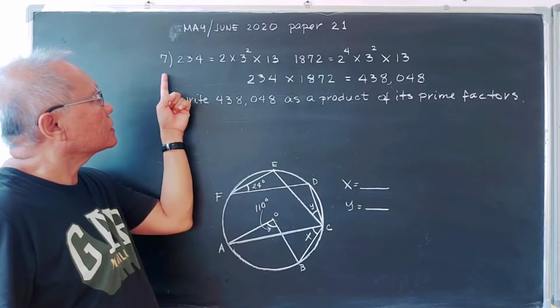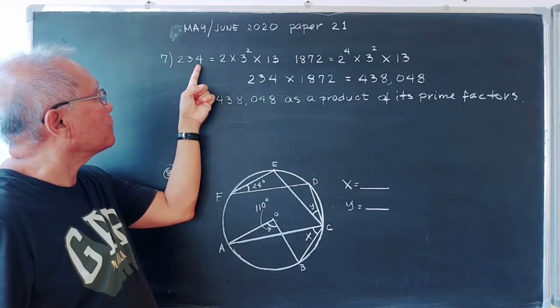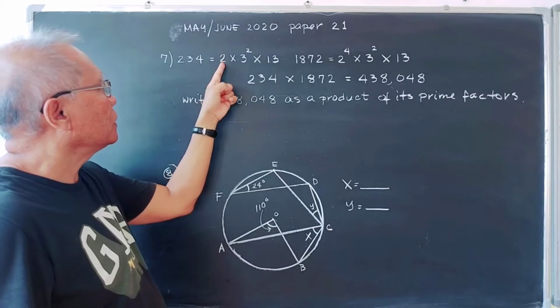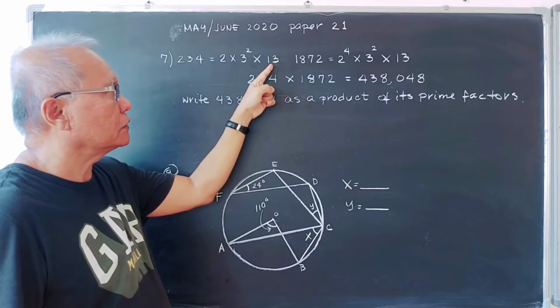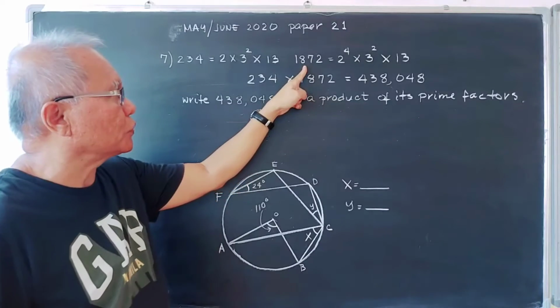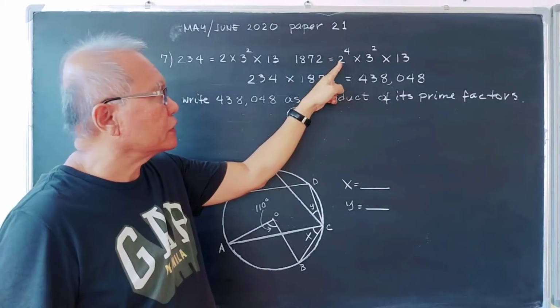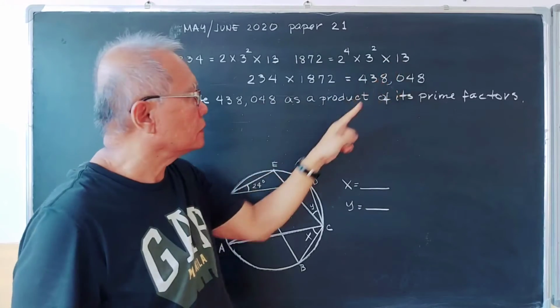Number 7, class. We have the prime factored form of 234, which is 2 times 3 squared times 13. The prime factored form of 1872 is 2 to the 4th times 3 squared times 13.